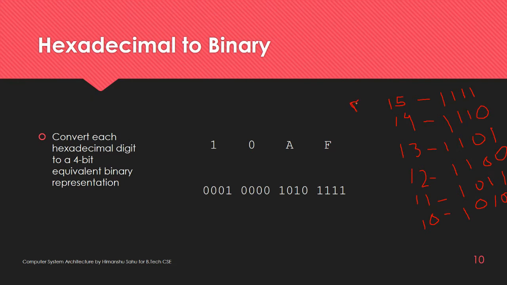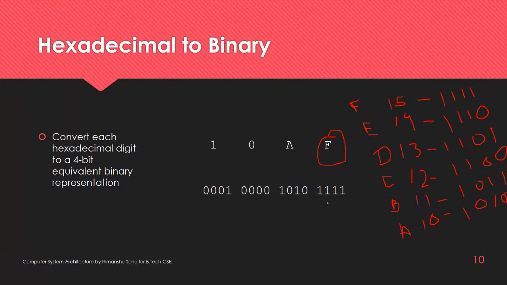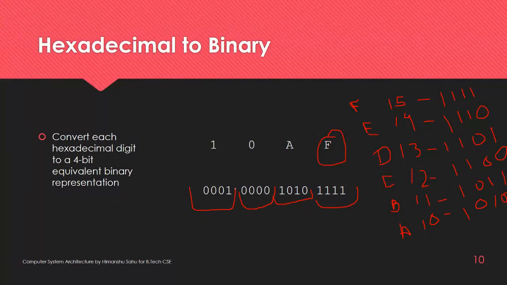So this represents F, this represents E, this represents D, this represents C, this represents B, and this represents A. So if your number is 10AF, F will be replaced by 1111, A will be replaced by 1010, 0 will be replaced by 0000, and 1 will be replaced by 0001.